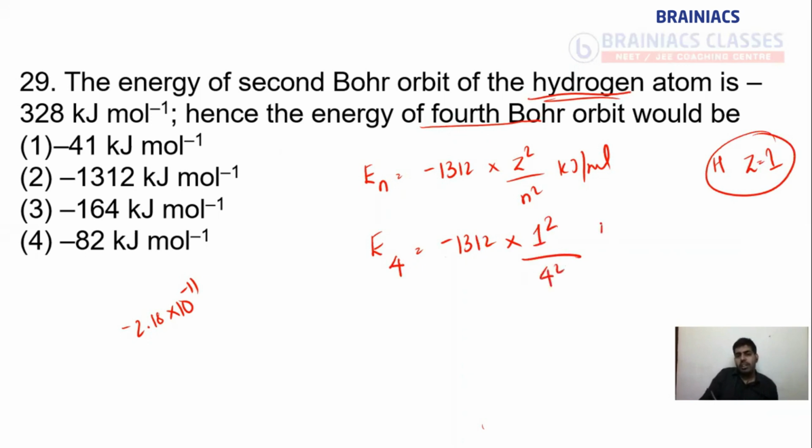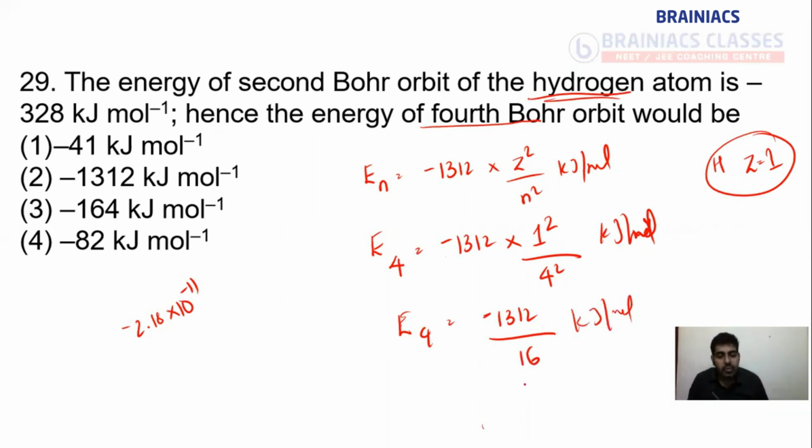So E4 is equal to minus 1312 into 1 square divided by 4 square, 16, kilojoules per mole. After dividing, the energy is minus 82 kilojoules per mole. This is the energy of the fourth orbit in the hydrogen atom.